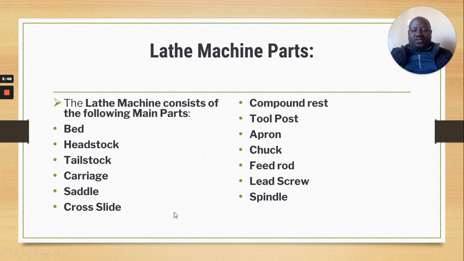We have also the tailstock and its own functions. We have the carriage, the saddle, the cross slide, the compound rest, tool post, apron, chuck, the feed rod, the lead screw, and the spindle.